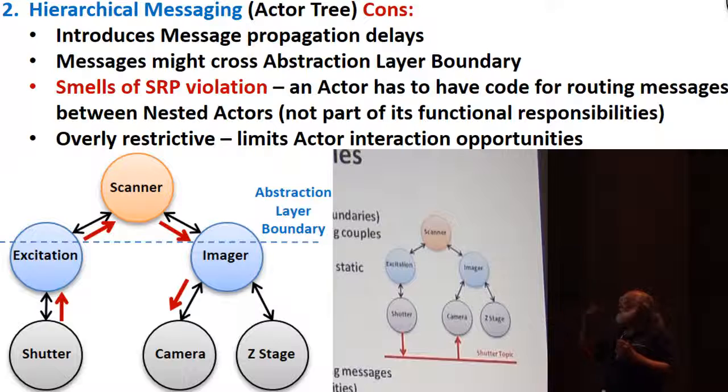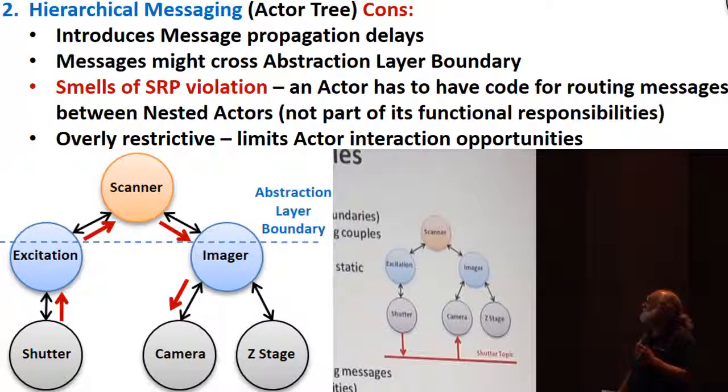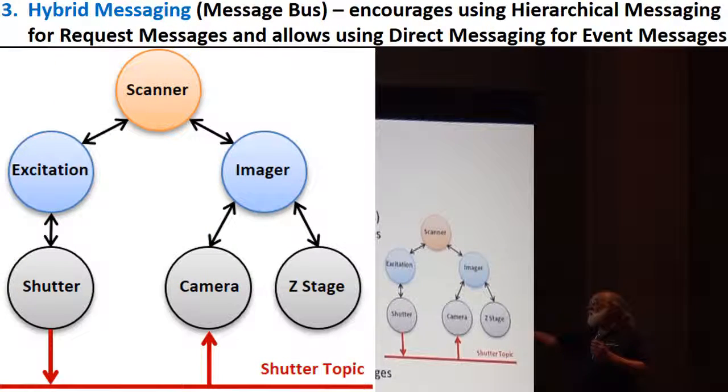So there is a third method, a hybrid method. You can look at it as a message bus. I just came up with this. There is no paper that mentions a hybrid method in this context.